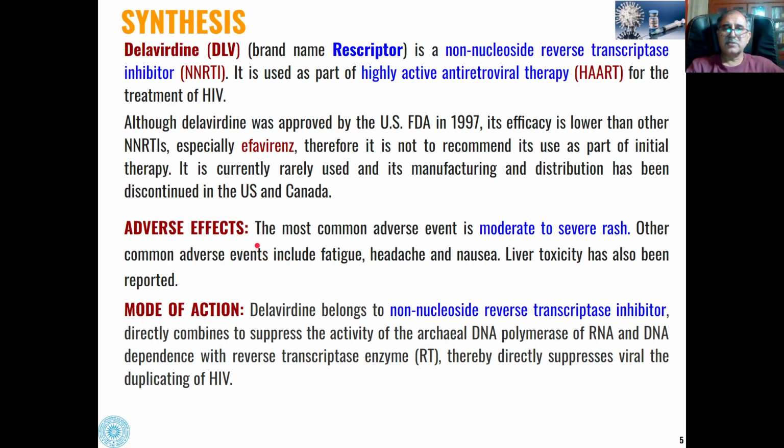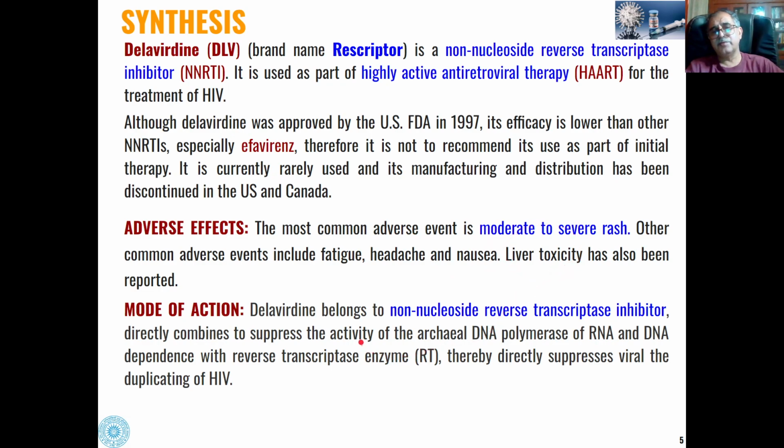The adverse effects of this drug, they can cause moderate to severe rashes in the body. Other adverse effects include fatigue, headache, and nausea, in addition to liver toxicity.